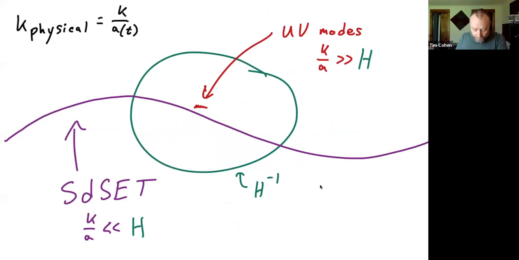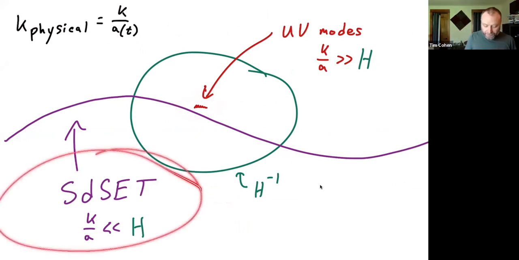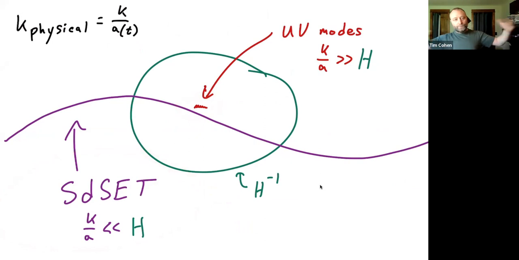So here's a picture for the limit we're talking about. We have physical modes given by k divided by the scale factor. Basically, we're integrating out these short distance fluctuations inside the horizon, and we're looking for an effective description of these long wavelength modes whose wavelength is long compared to the horizon. These are the modes that typically freeze out during inflation, right?